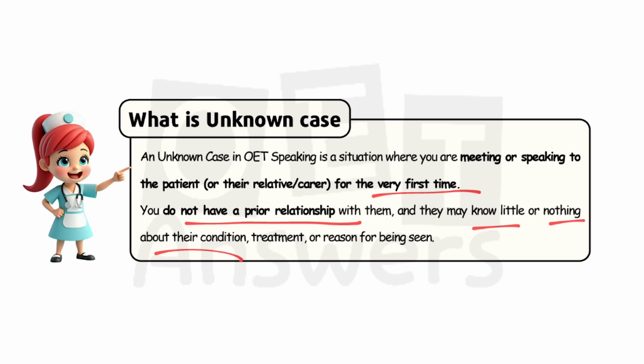You don't have any idea before you begin the consultation or conversation. Correct? So when you start a conversation, you are obliged to start getting answers by approaching with questions. That is a completely new patient, the first time you are seeing them. Are you clear with this?